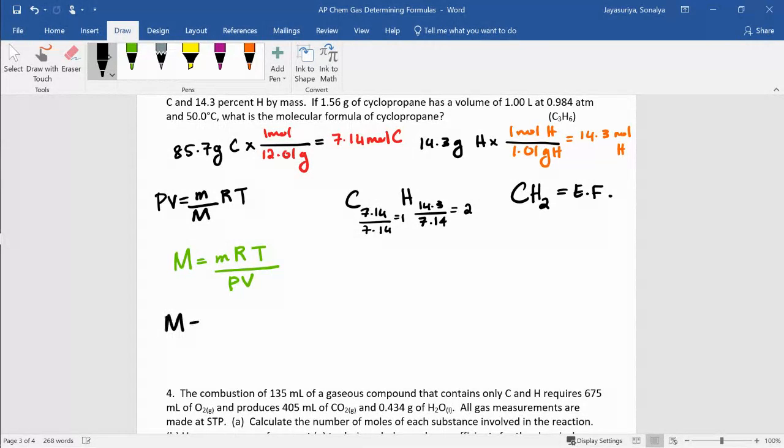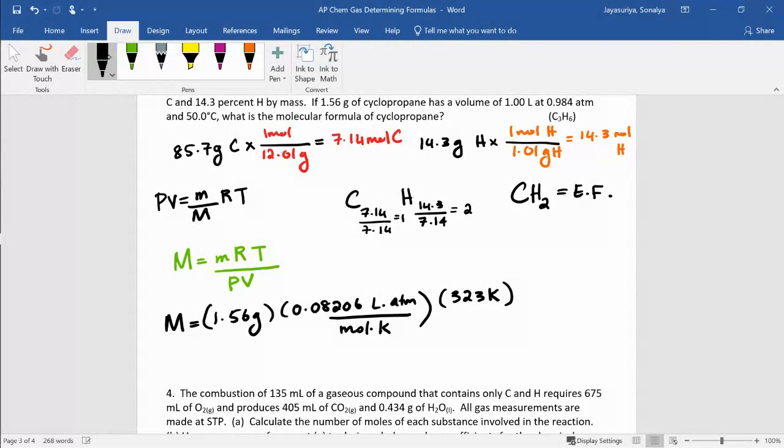We are looking for the molar mass. Our mass is 1.56 grams. Gas constant is 0.08206 liter atmosphere per mole Kelvin. Temperature is 323 Kelvin because it's 50 degrees plus 273.